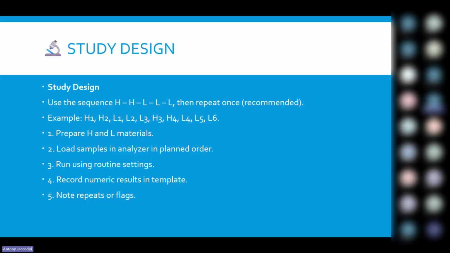If you are having 6 samples for each, you'll have high 1, high 2, and then low 1, low 2, low 3, and then high 3, high 4, and then low 4, low 5, and low 6. So you're having only 6 samples in total.